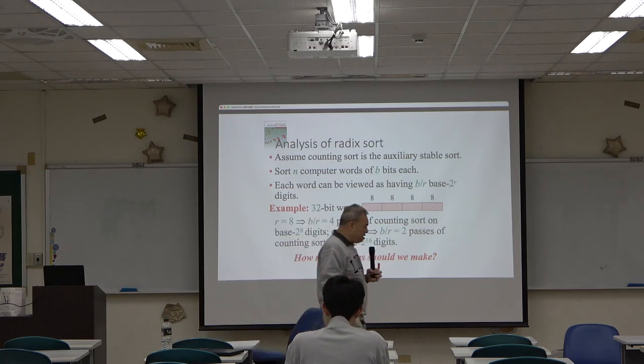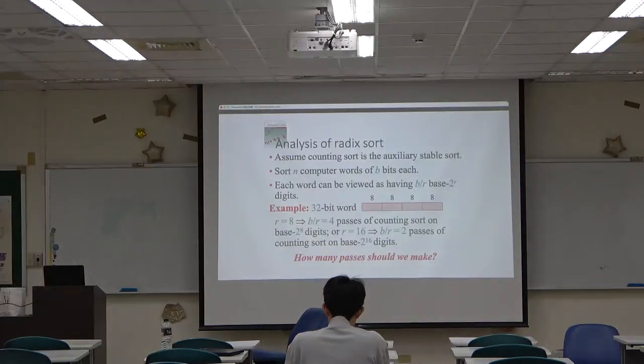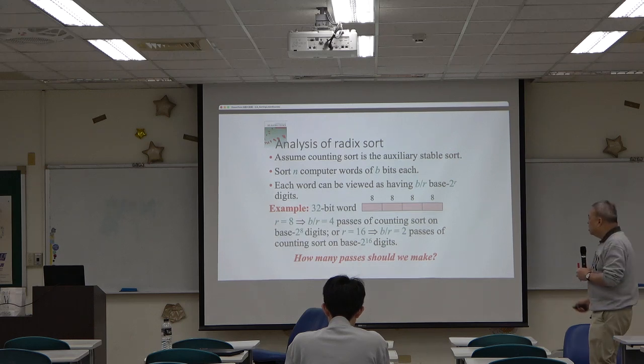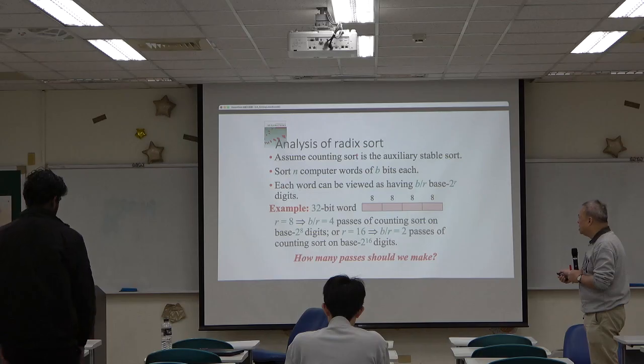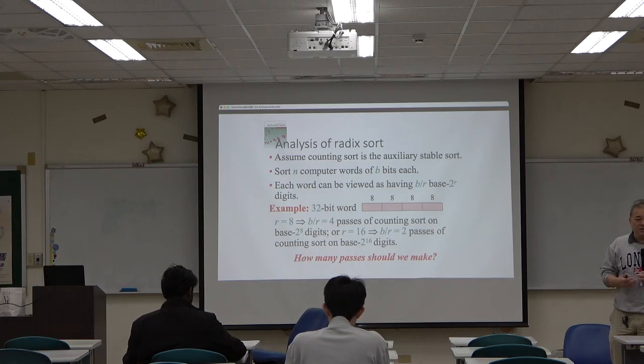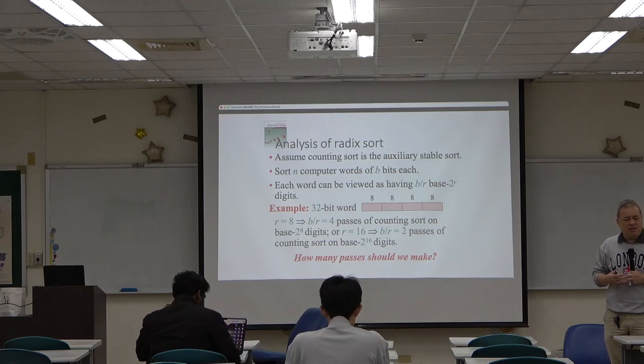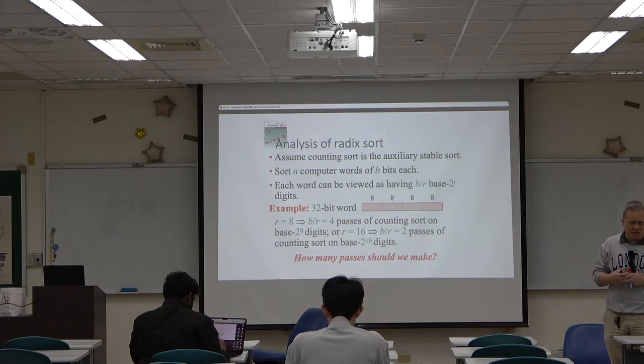And then, okay, that is the analysis. How about the time complexity? As I said, usually, I'm not saying that it's always the case, I'm not saying it has to be the case. You could use any stable sort for a given digit.